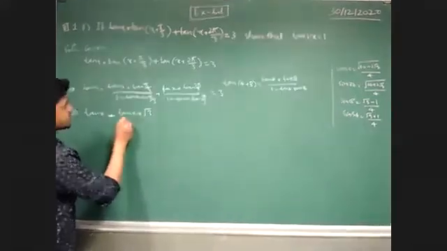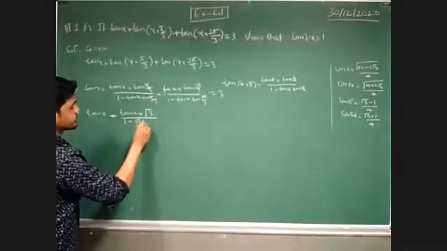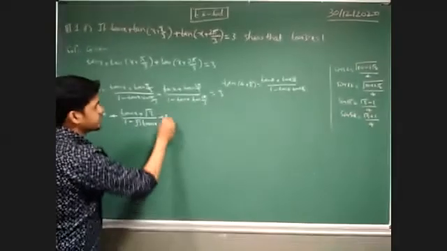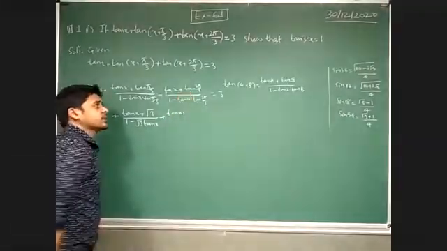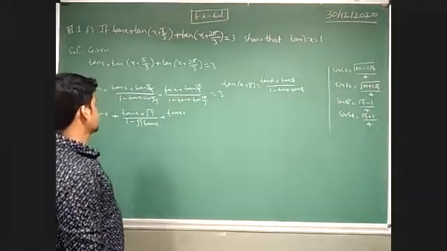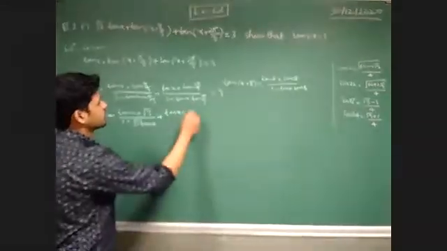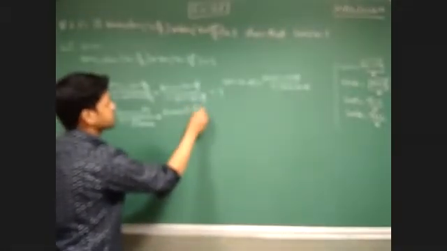So I am able to write 1 minus root 3 tan x here, and I know tan 2π/3 is nothing but minus root 3.